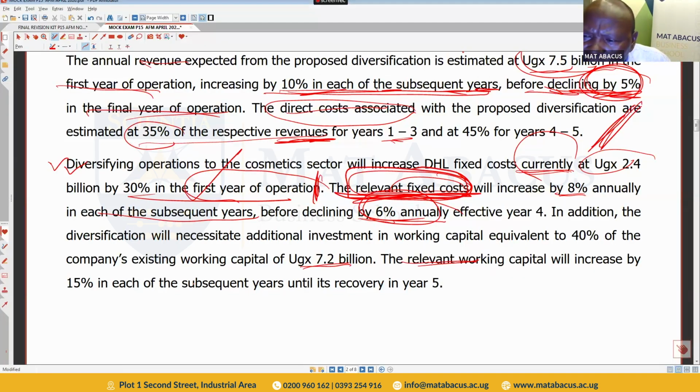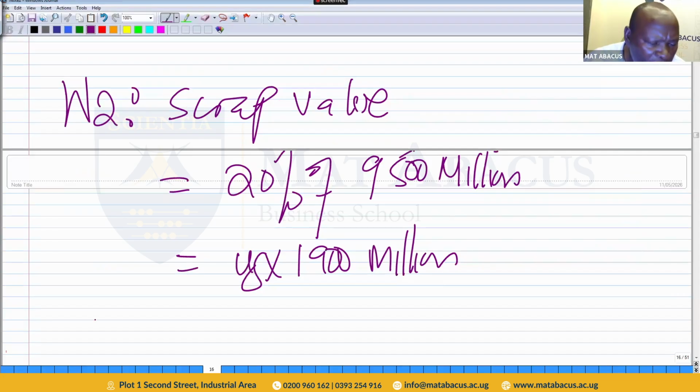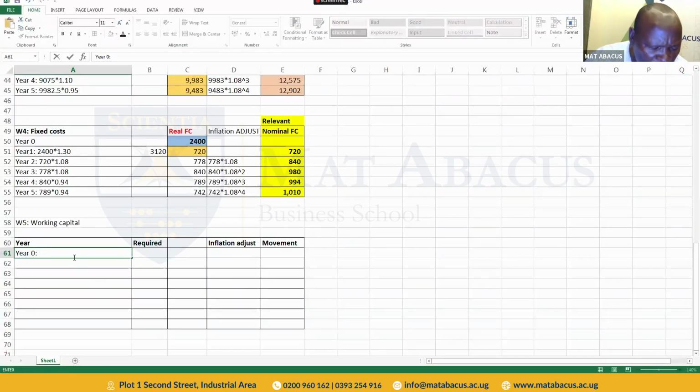Okay, where is working capital? You will need working capital equivalent to 40% of the company's existing 7.2. So right now, in year 0, we are going to have 7.2 multiplied by 40%.